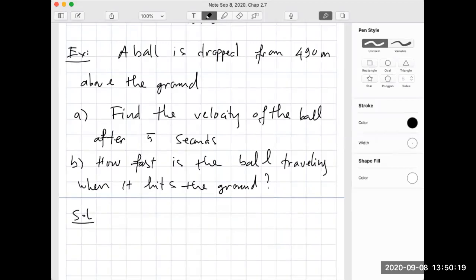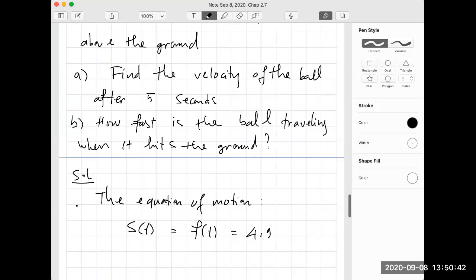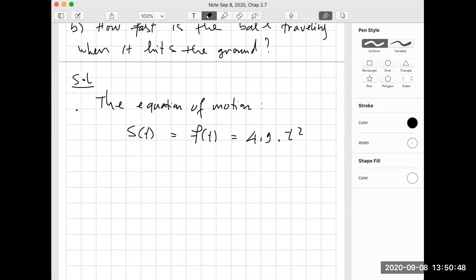The first question, from definition. The equation of motion, let me read, is given by s of t, which is the function 4.9 t squared, where t is in seconds.